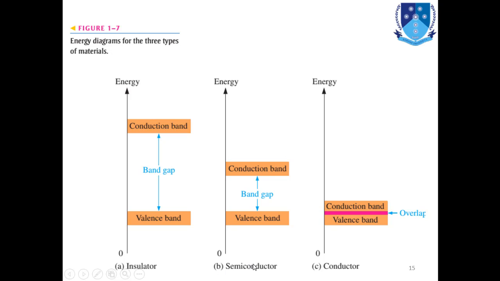In part B of this figure, we can see that there is a small energy gap between the valence band and the conduction band as compared to the insulator. This energy diagram is for semiconductor material. While in part C of this figure, we can see that the valence band and the conduction band overlap. And this represents the energy levels for the conductor material.